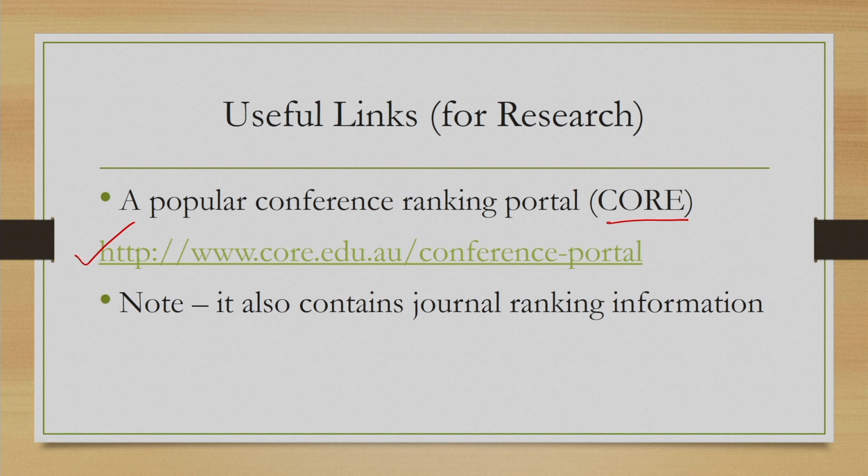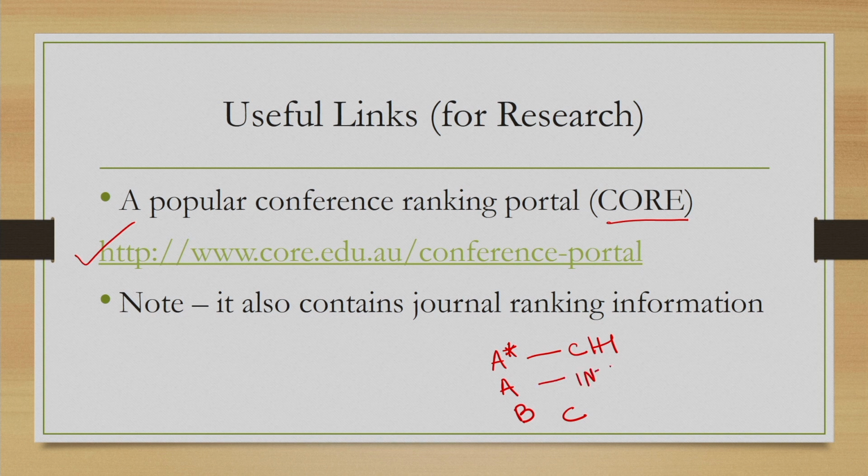Now, in this portal, conferences are ranked in a particular way. There are some conferences which are called A star, that means they are very high quality. Then there are some in the A category, then B category conferences, C category conferences, and below C, if any conference is there, those are called unranked. For example, CHI is ranked as A star as per CORE ranking.